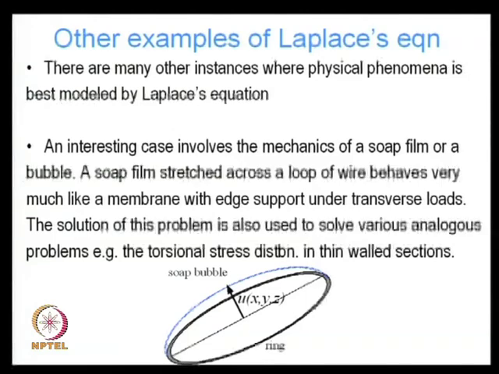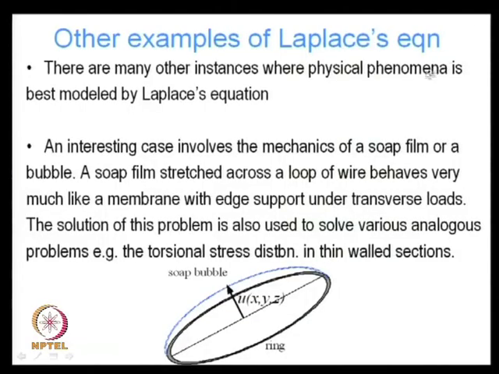And actually this analogous problem is used in a number of places. Basically it's a problem of a membrane. The soap film or the bubble is basically a membrane problem. There is a very thin membrane subject to some edge conditions, and then I am applying transverse loads. So here is my little ring, and initially everything was flat.